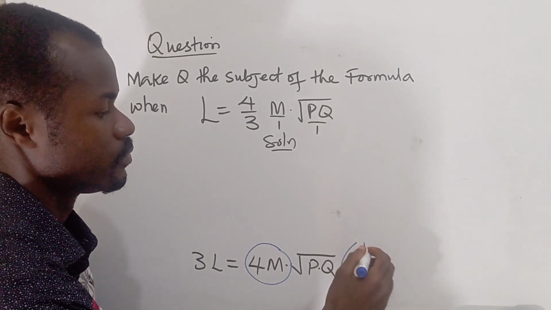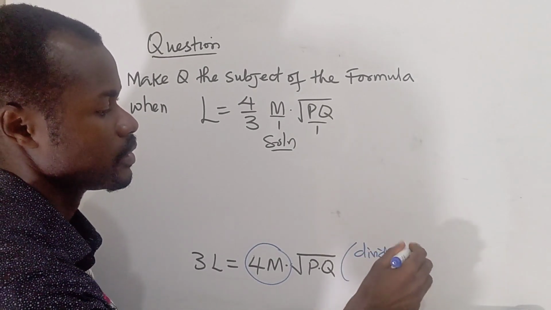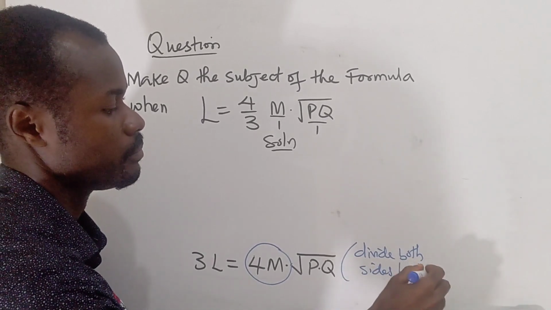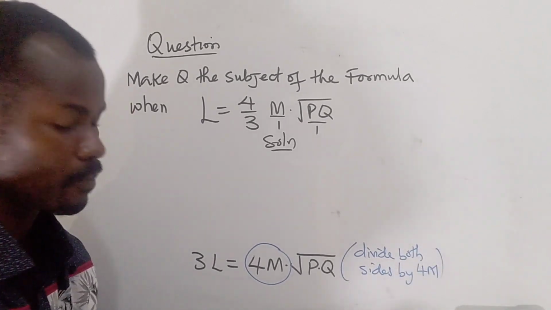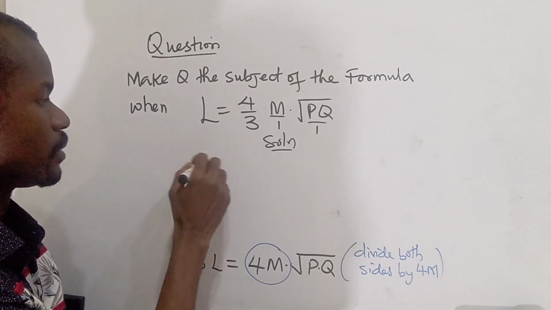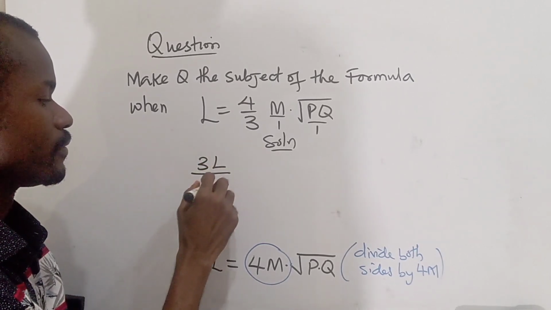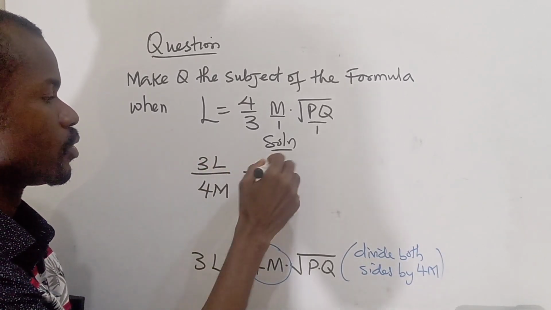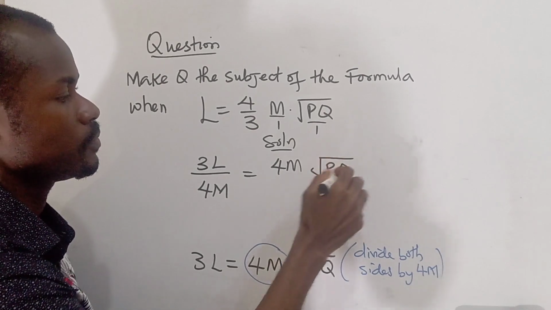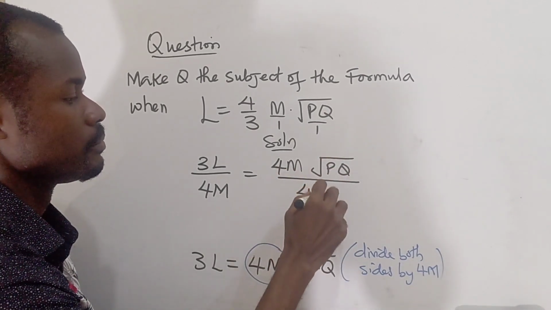I want to divide both sides by 4M. So let's divide both sides by 4M. So this is going to be 3L divided by 4M, which is equal to 4M square root PQ divided by 4M.